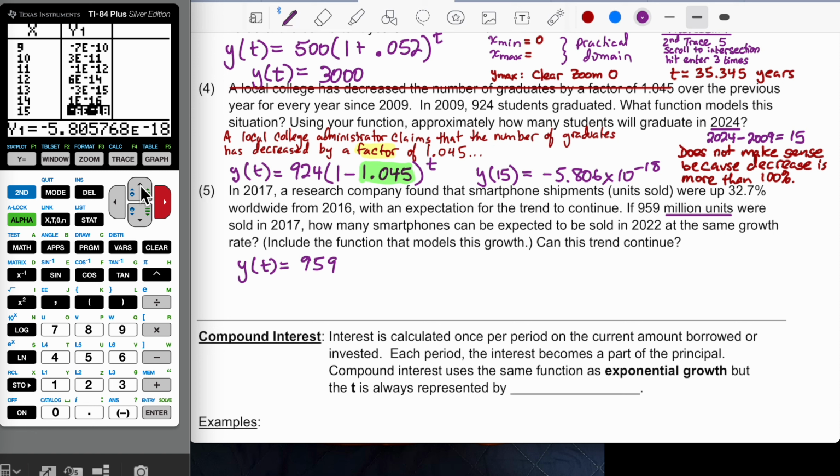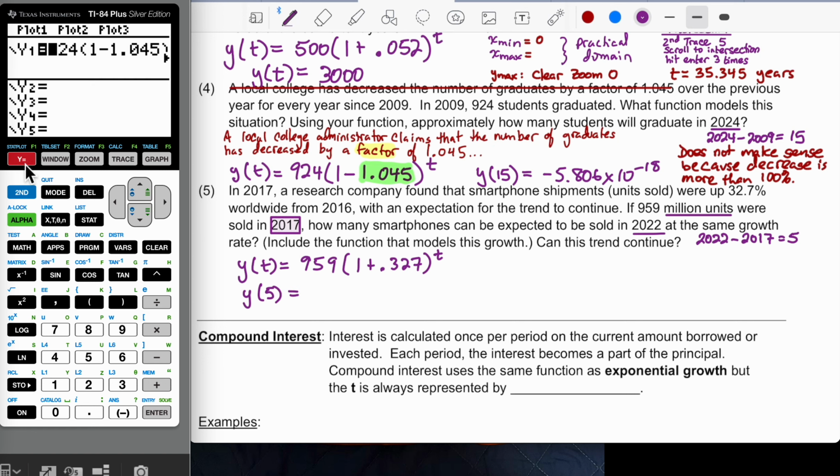So the rate of growth would be 32.7%. So 1 plus 0.327 to the t power. We want to know what's going on in 2022, based off of what has happened in 2017. So 2022 minus 2017 is going to be a result of 5. So I'm looking for y of 5.